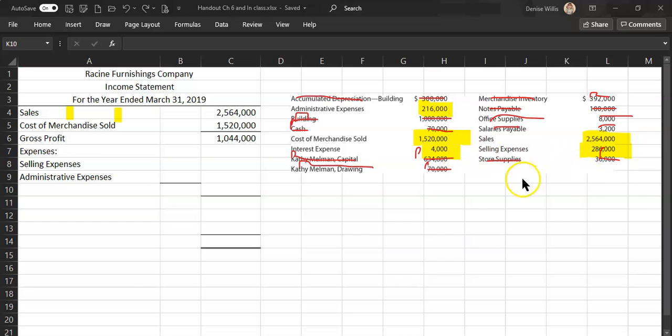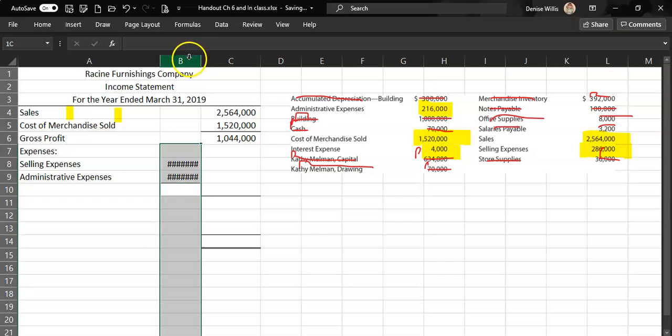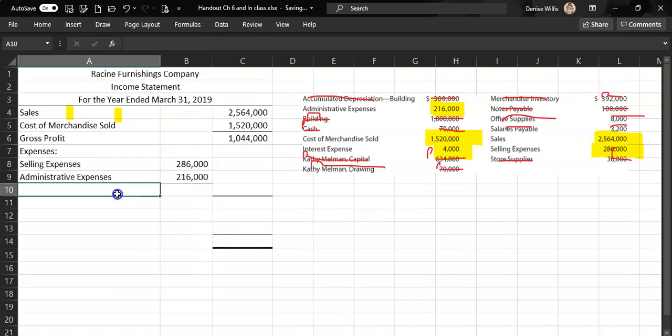In total, selling expenses are 286,000, so we'll just drop that number in here. And the administrative expenses are 216. Make this a little bit lighter here. See our numbers. Now we're going to total our expenses.